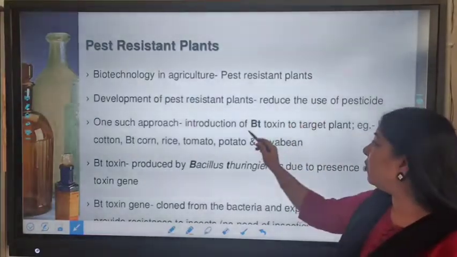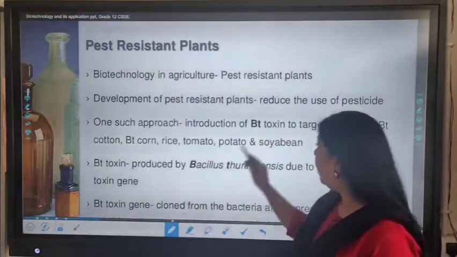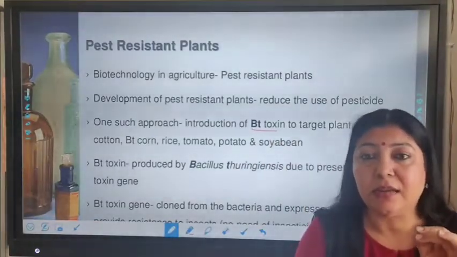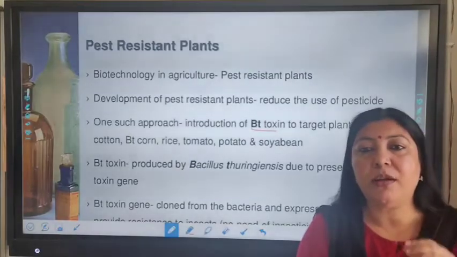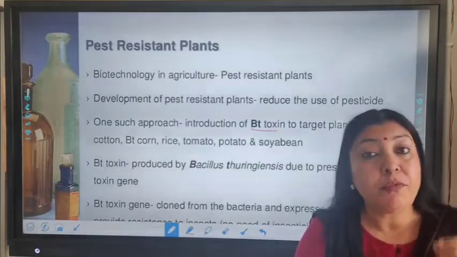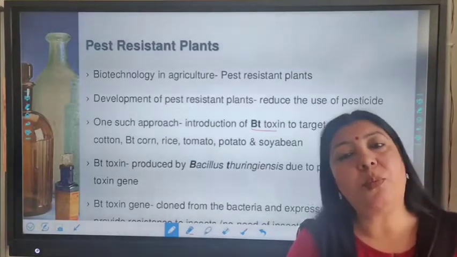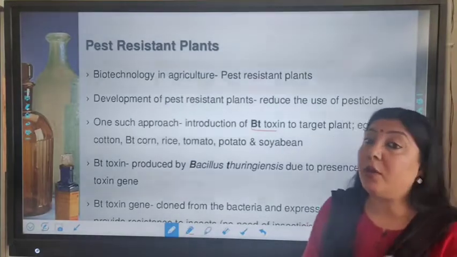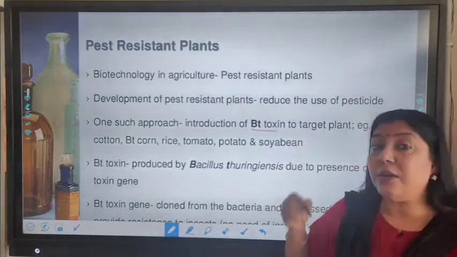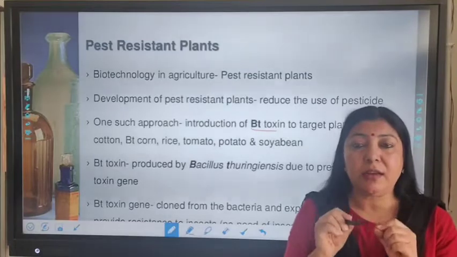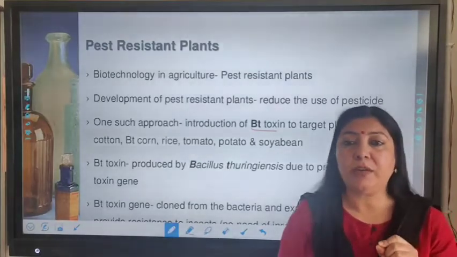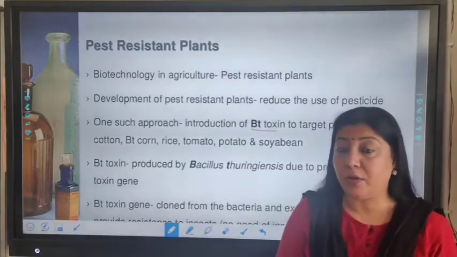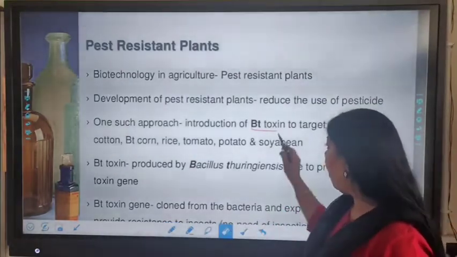The Bt gene comes from a bacterium called Bacillus thuringiensis, which has an ability to produce a protein that is a toxin for the pest. So if we can introduce this gene from that bacterium into our plant, it will also become resistant to that particular pest. So let us see how it is done.